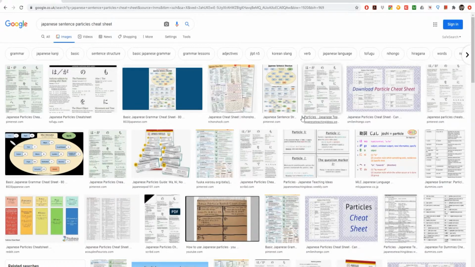And so you can look at this cheat sheet and you can say, okay, so that is marking this topic, this subject, and the sentence means this. But then again, refer back to my earlier videos and always be aware that it's more of an approximation of what the sentence really means.